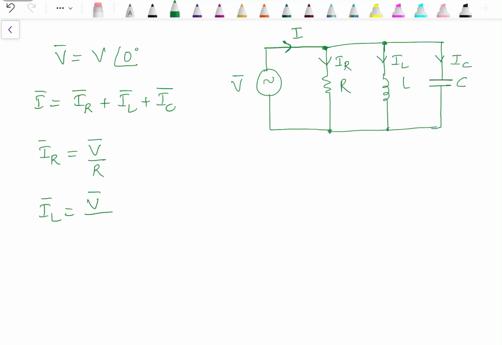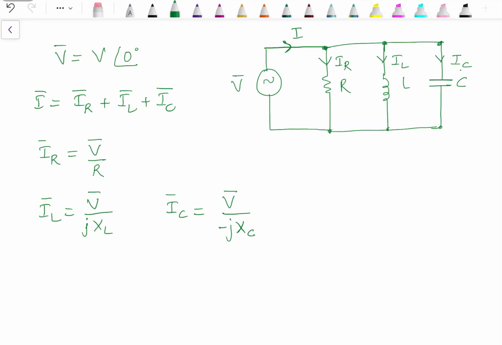Now the reactance of this branch is jXL. Now we need to consider the phase difference. That's why it is written as jXL. And the third current IC is equal to voltage across the capacitance, again the same V, upon the reactance of this branch. Now the reactance of this branch is minus jXC.